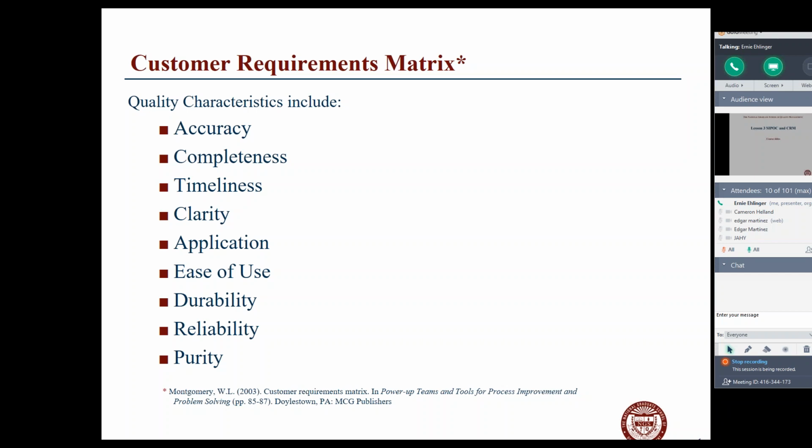Yeah, you're raising an interesting point, and here's something really fundamental. It's one of the reasons that customer-focused excellence is a core value in quality. Do you know of any organization that doesn't have customers? The reason any organization exists is to add value to some customer.